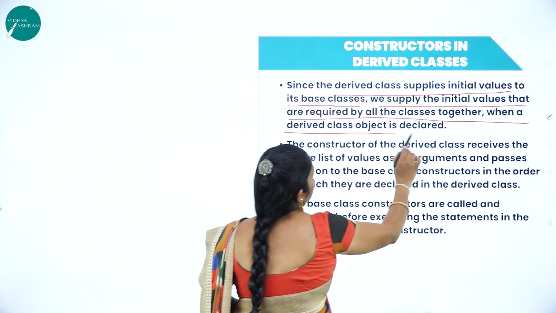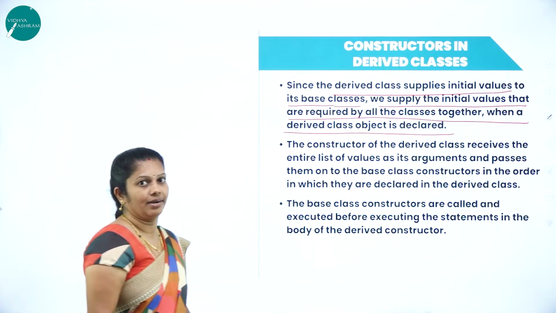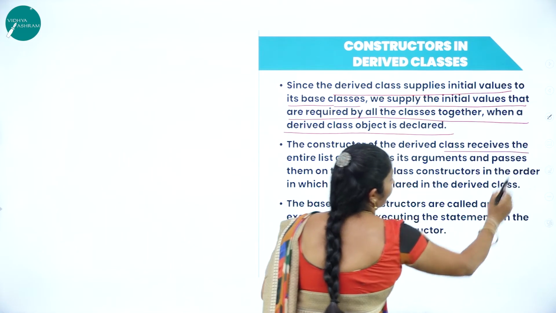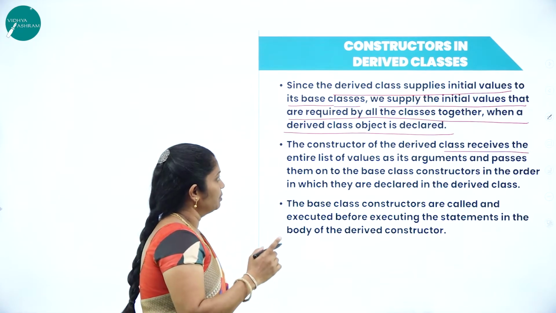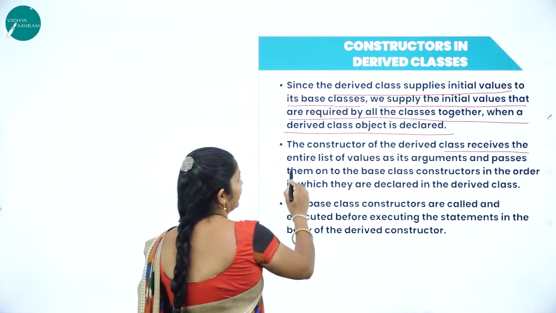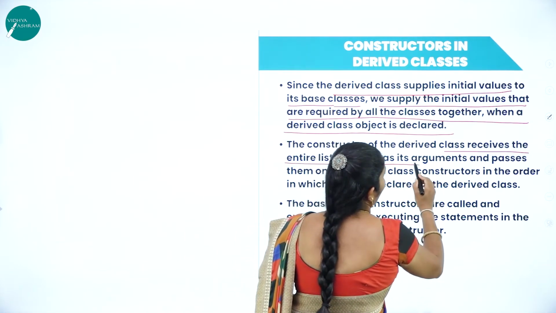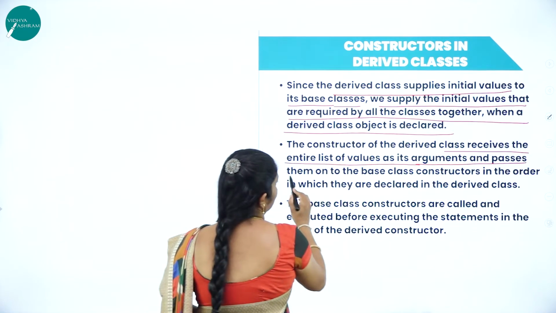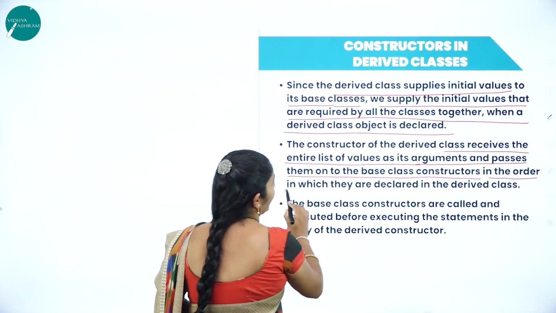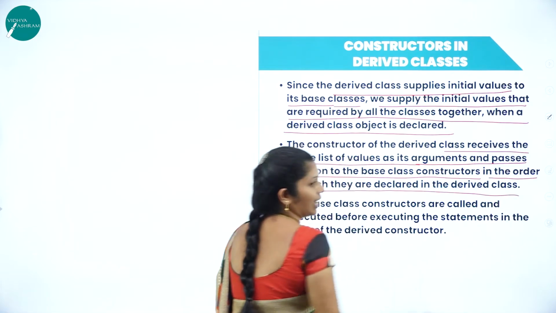Then the derived class object is declared. The constructor of the derived class will receive the entire list of values as its arguments and passes them to the base class constructor in the order in which they are declared in the derived class.